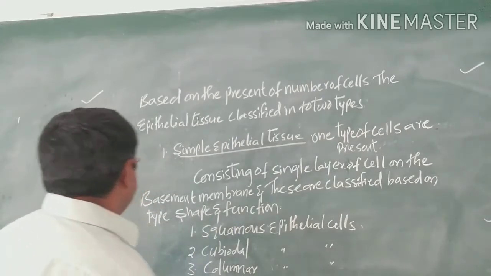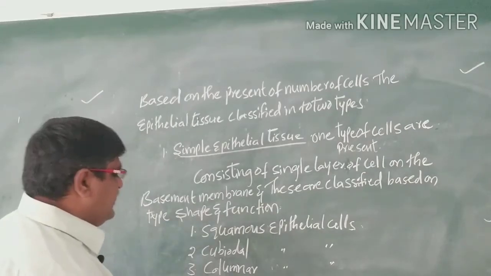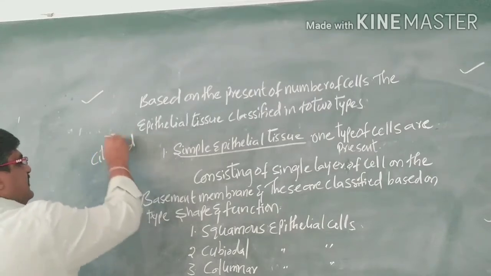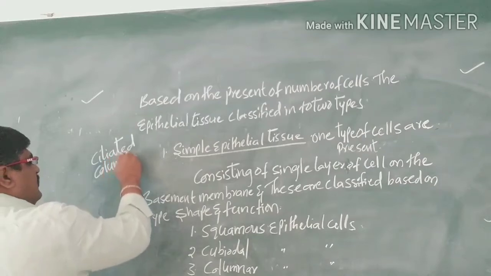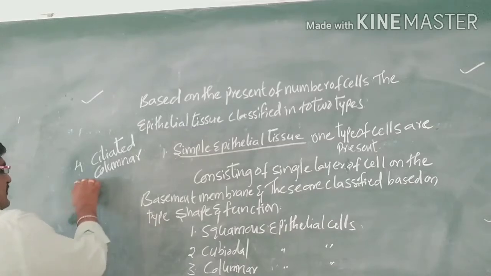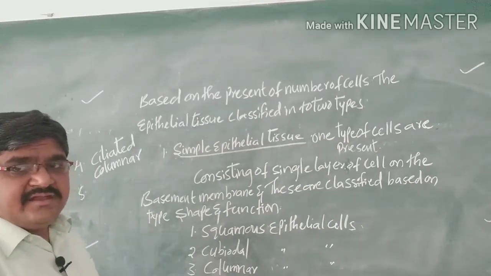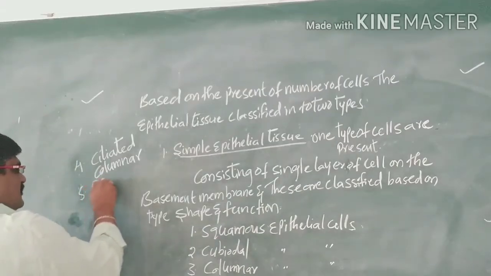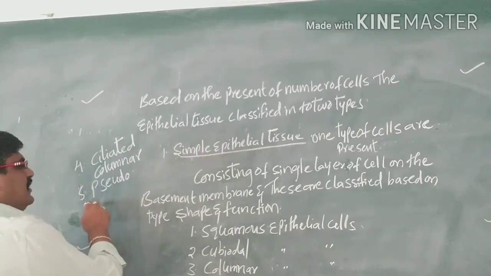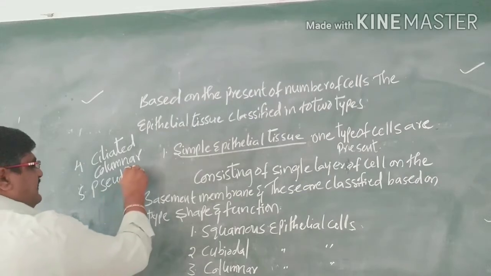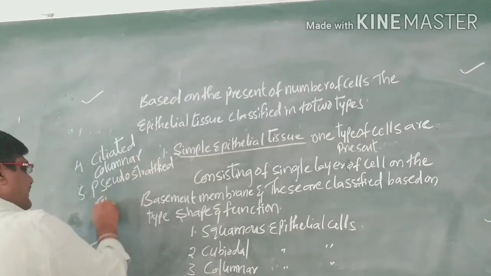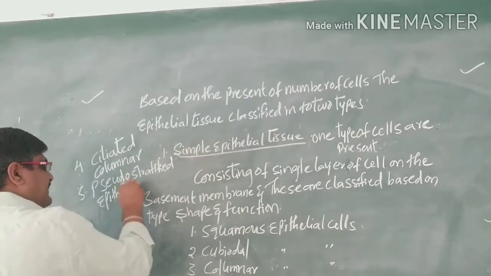The next one is the ciliated columnar epithelial cells, and the last one is the pseudo-stratified epithelial cells.